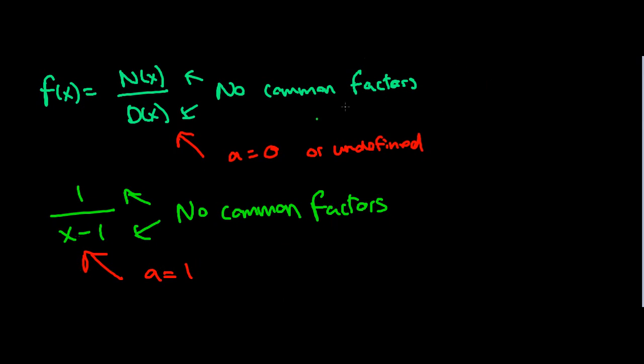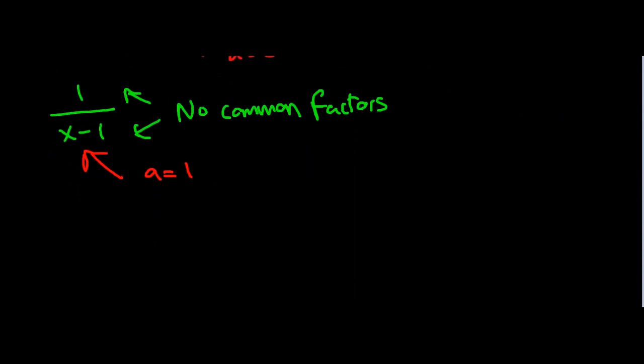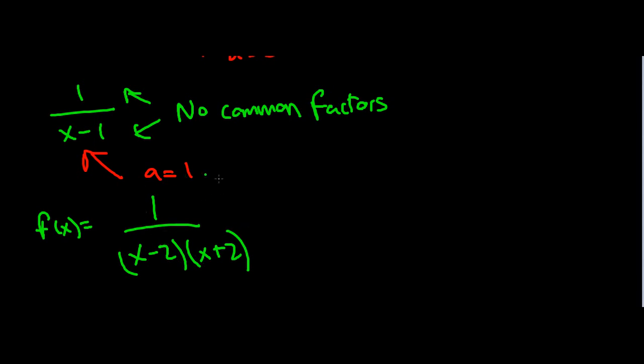And we can have multiple asymptotes. Let me give a couple of quick examples just to give you a general idea. So f of x is equal to 1 over x minus 2 times x plus 2. This is a quadratic down here, and we can see that between the numerator and denominator there are no common factors.